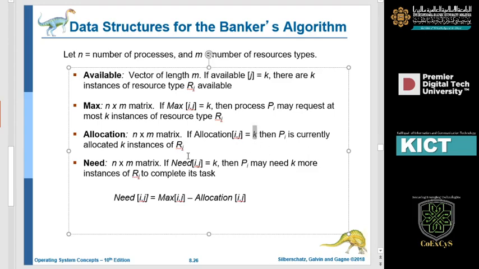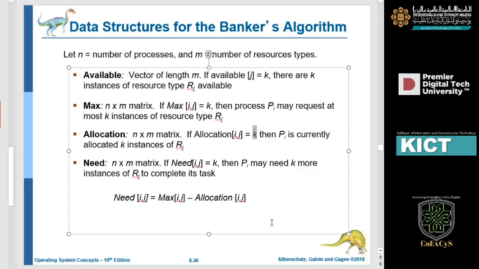And then we have Need, an n times m matrix: Need[i][j] equals k says how much a process may still need of a particular resource Rj. Remember, there could be many processes, P1, P2, P3, P4, P5, and many resources, R1, R2, R3, R4. That's the notation we're going to use.